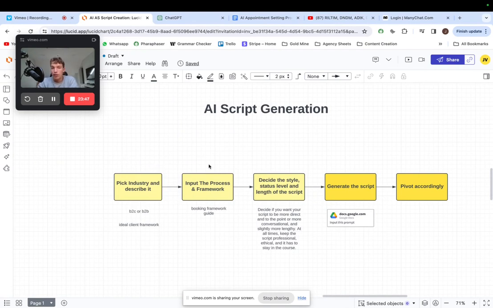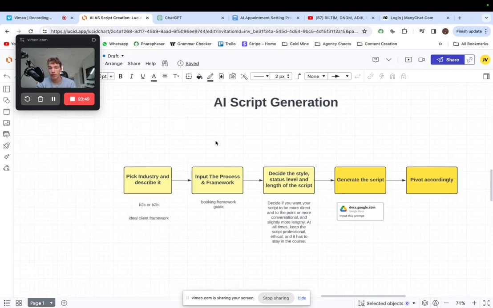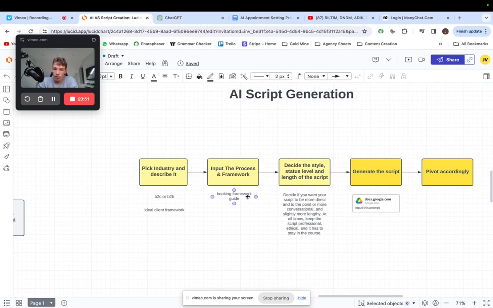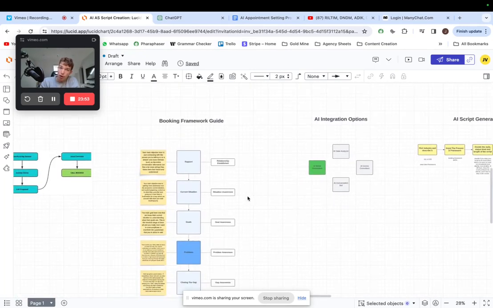Then after that, we need to input the process into the framework, which is going to be our booking framework guide. As you probably know, at least at the time I'm filming this video, GPT is not powerful by itself to generate perfect things. So you need to give GPT as much information as possible, and by using that information, GPT is going to be able to generate a better response and the result you're looking to get.